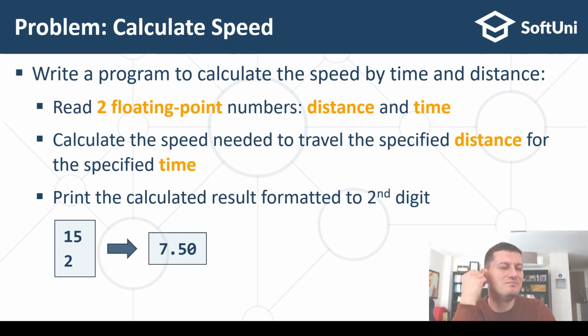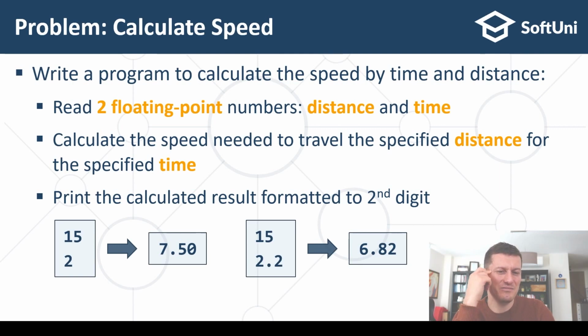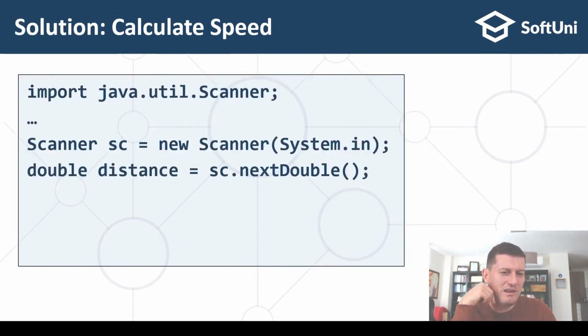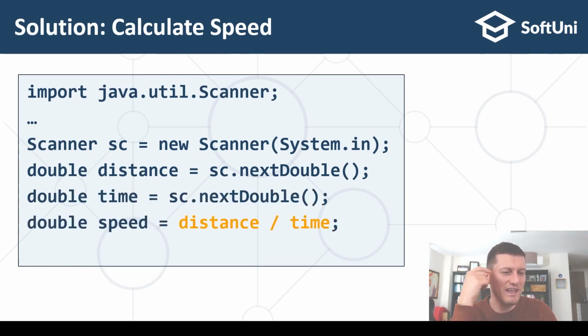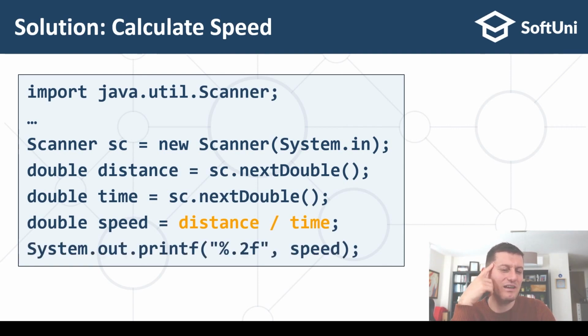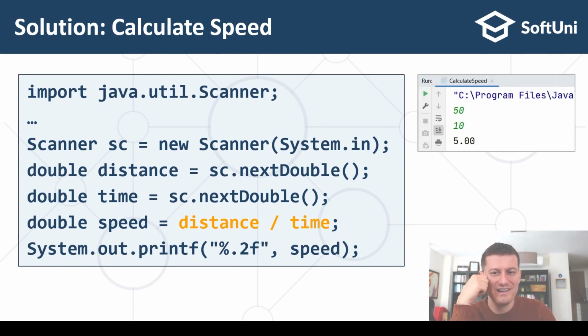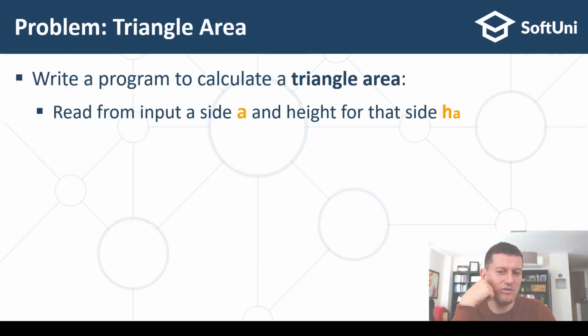The units like kilometers, hours, seconds are not important here, because we just need to divide the first number by the second. That's the entire problem. I will not solve it, it's for you, but you can use this as guidance. You read the distance, read the time, divide them, and print the calculated speed in the correct format. It's for homework. So if we enter 50 and 10, the output should be 5.00.